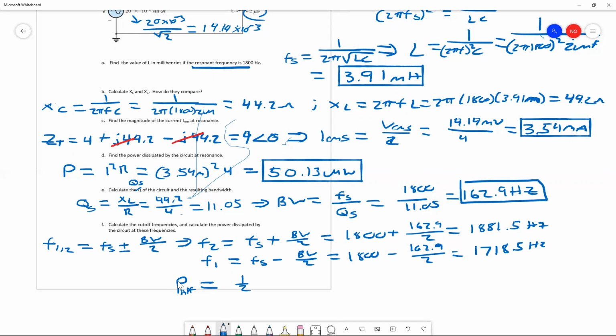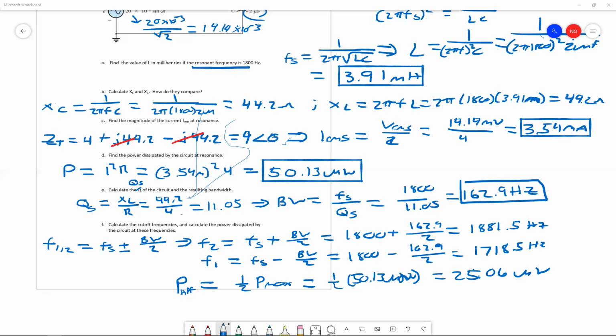And we'll say that's 1/2 the power max, which we found in part D. So that would be 1/2 of 50.13 microwatts. Okay, and there we go. That is 225.06 microwatts.